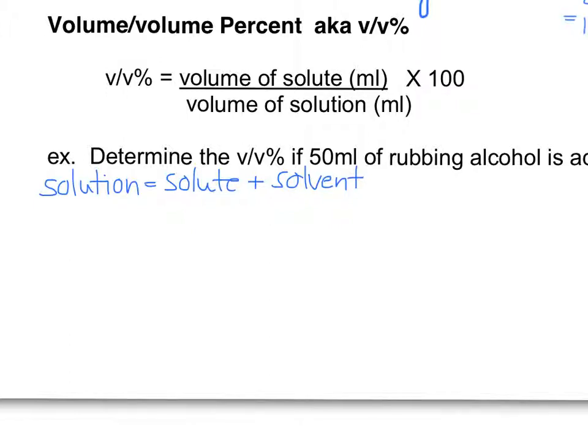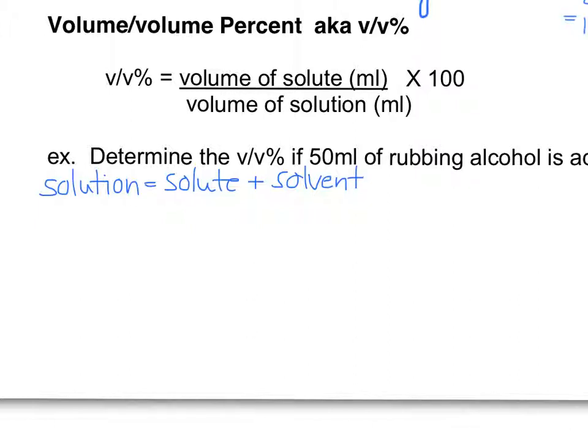In this case, is rubbing alcohol the solute or the solvent? What do you think? Solute, absolutely. The water, like we talked about the day before, is often a really good solvent. It's a polar solvent and dissolves a lot of stuff.